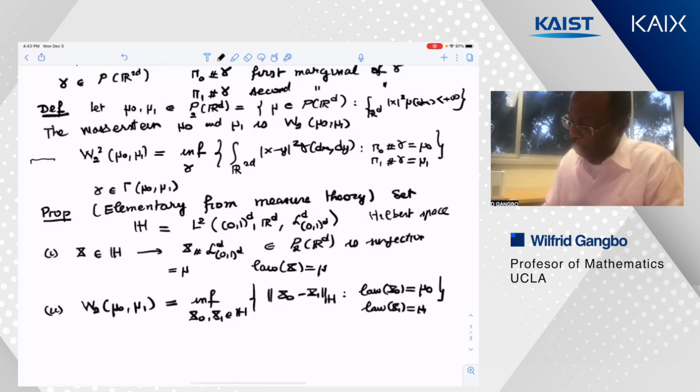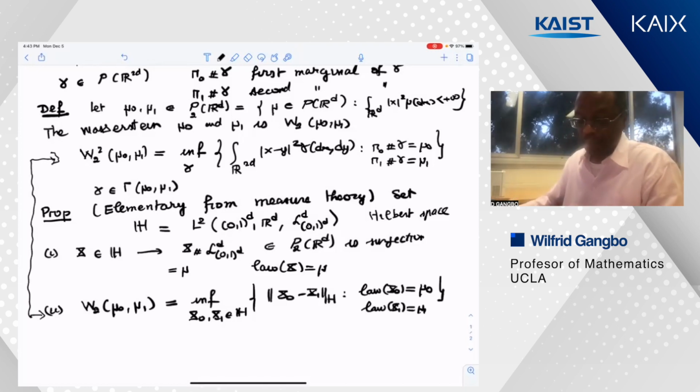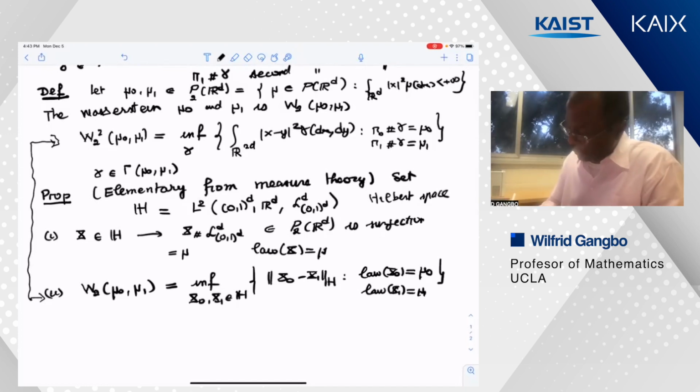Now, if you compare these two results, let me consider the following quotient space to be able to interpret them.